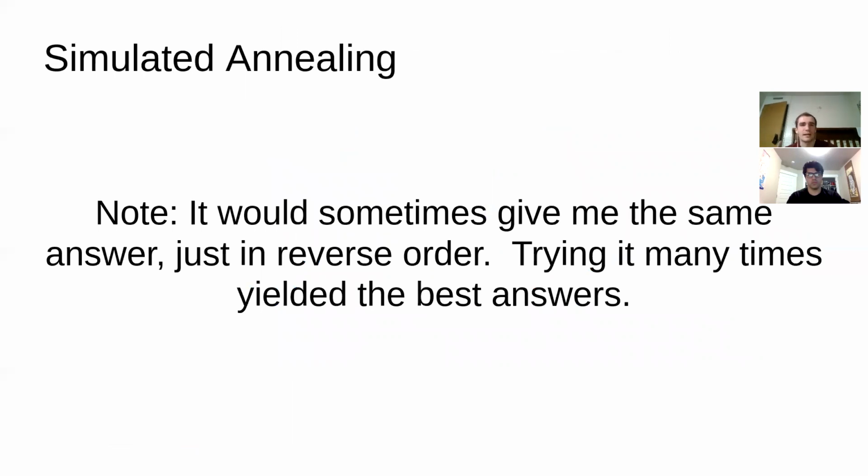And just keep in mind that simulated annealing will give you the reverse order of the route that you're looking for. So you can get either a forward or backwards route, and trying it multiple times can give you a better answer depending on how difficult the problem is. That's based on the fact that you're using random numbers in it, and so you can get a better solution or not.